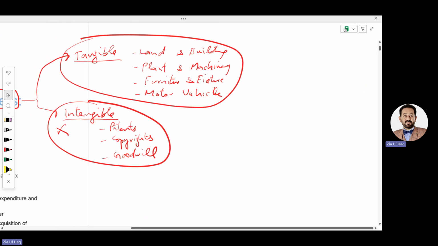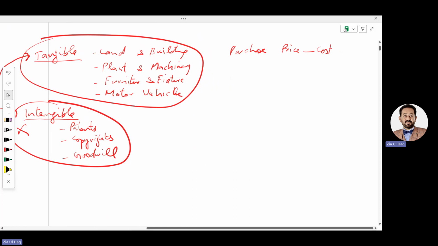Suppose we have bought plant and machinery. Its purchase price, meaning cost, is part of non-current assets. If we have paid any freight, that will also be part of asset cost.